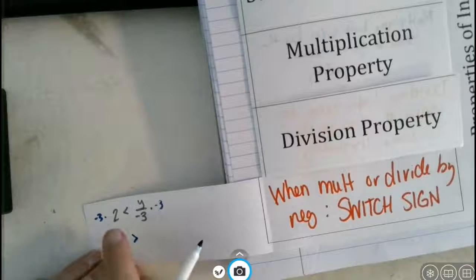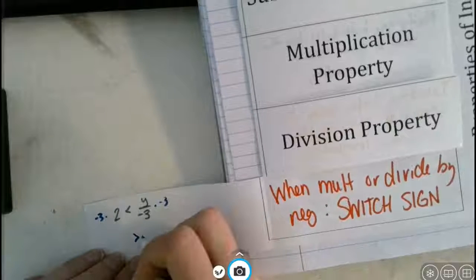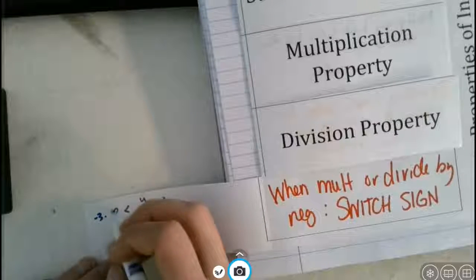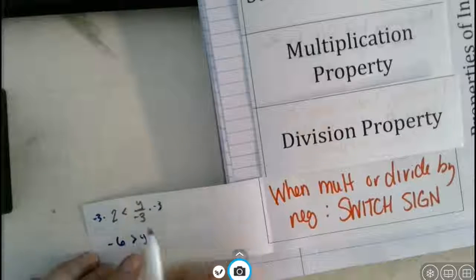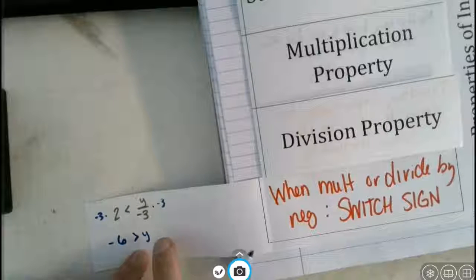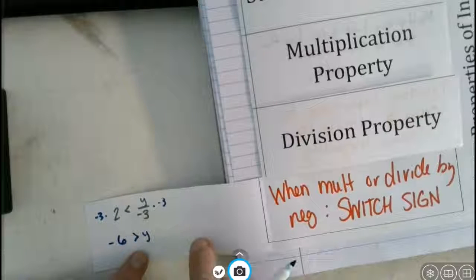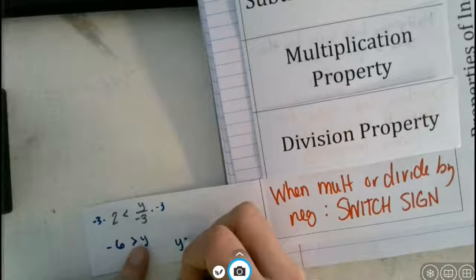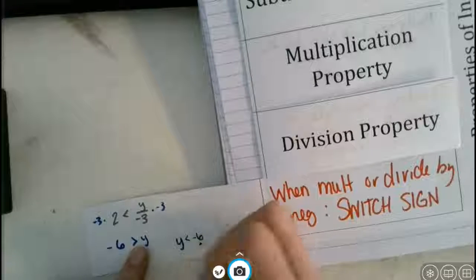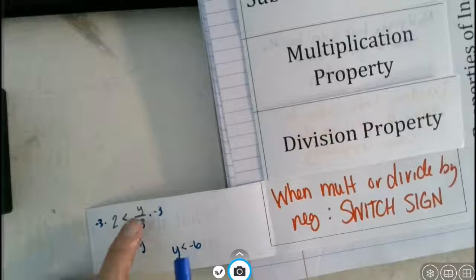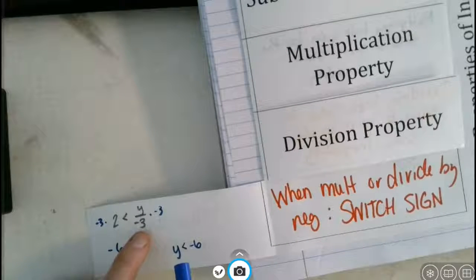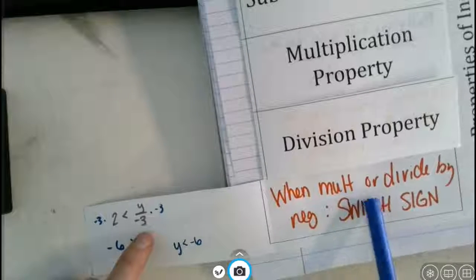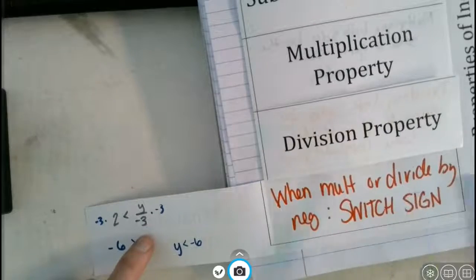So it goes from that way to that way. So what's left over here is that y. 2 times negative 3 becomes negative 6. Again, I can rewrite this so that I have my variable, then my symbol, then my constant. So now I have y, and the sign now points the other way, negative 6. So I had to multiply by that negative, and when I multiply or divide by a negative, I have to switch the direction of the sign.